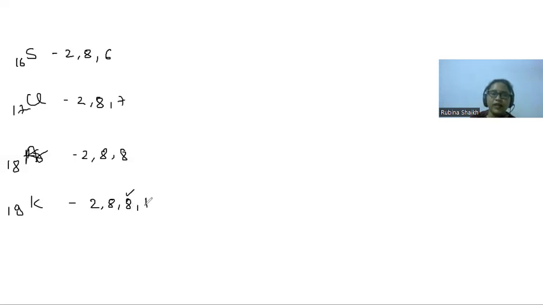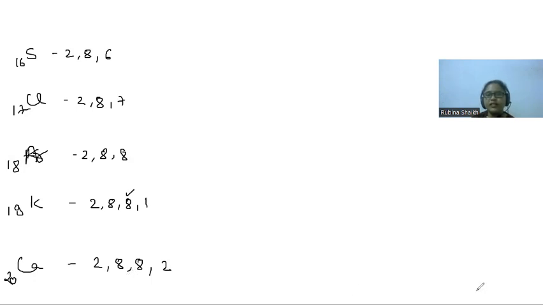So you put the 1 electron in the next shell. Then calcium 20: 2, 8, 8, 2. You remember this much only, because we are seeing till calcium only. So this is the way the electronic arrangement is done.